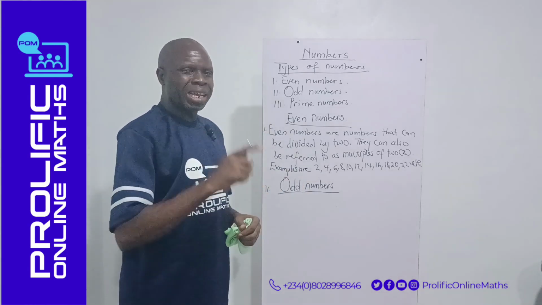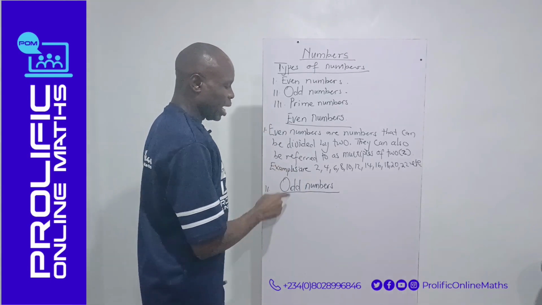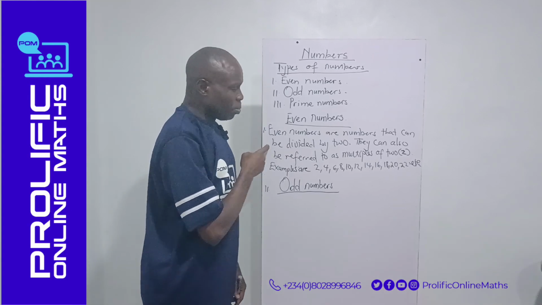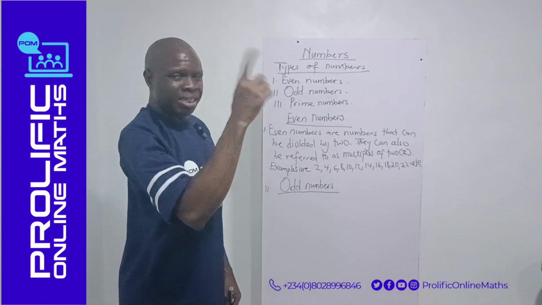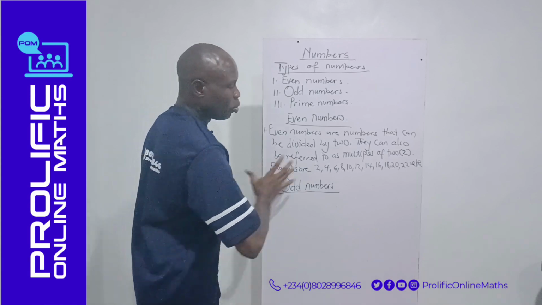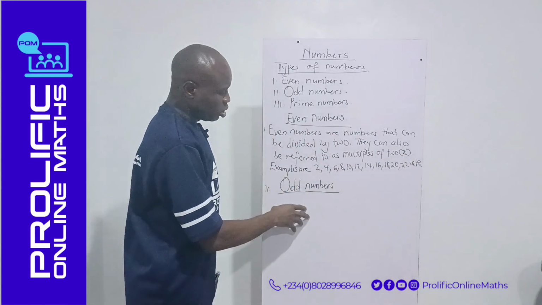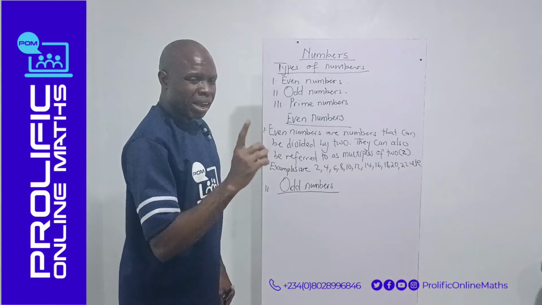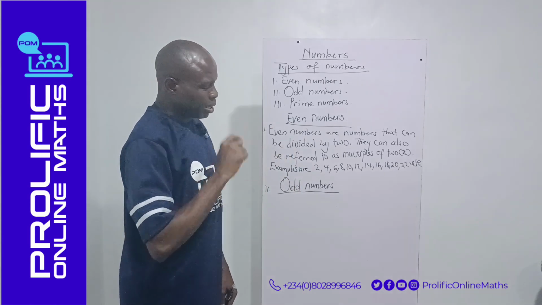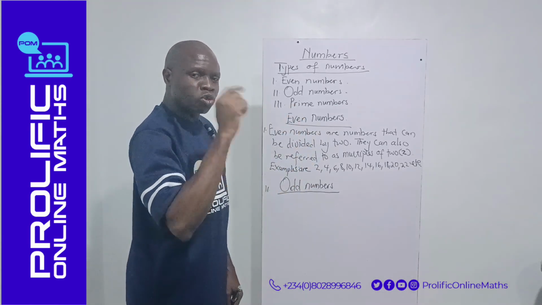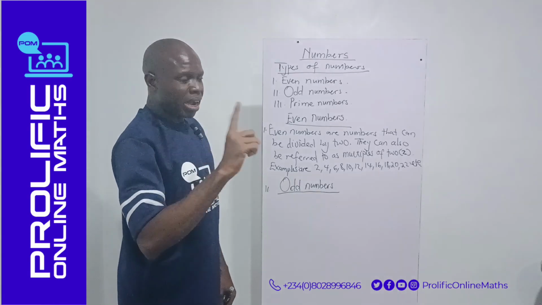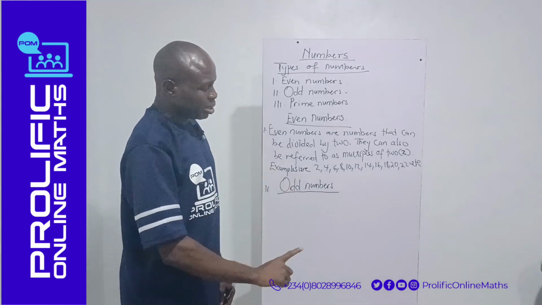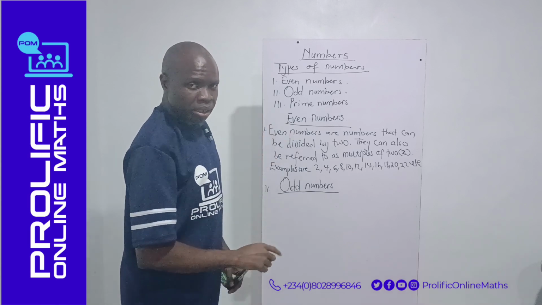Any number that 2 cannot divide is an odd number. You can see the difference. Even numbers are numbers that 2 can divide, so they are multiples of 2. But odd numbers are numbers that 2 cannot divide. Any other numbers can divide such numbers, but 2 cannot divide that type of number. So we refer to those numbers as odd numbers.